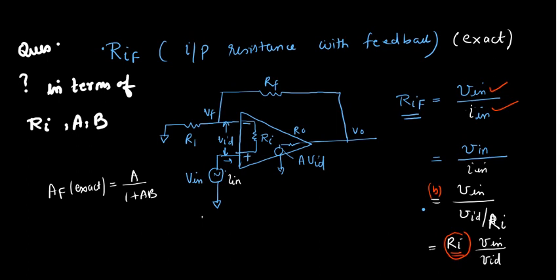Next we have to see, because our aim is to find RIF in terms of Ri, A and B. A is your open loop gain, B is the gain of the feedback circuit, and Ri is the input resistance of the open loop amplifier, right?